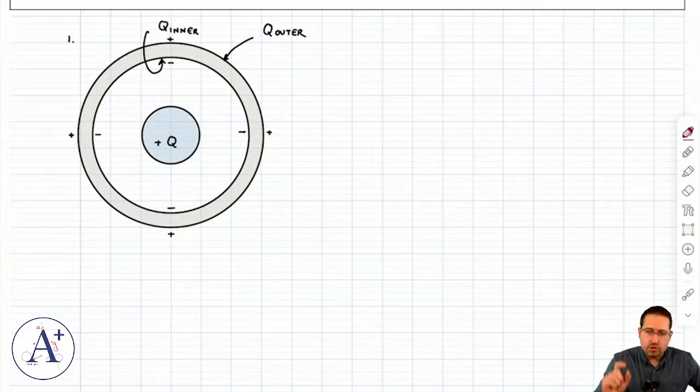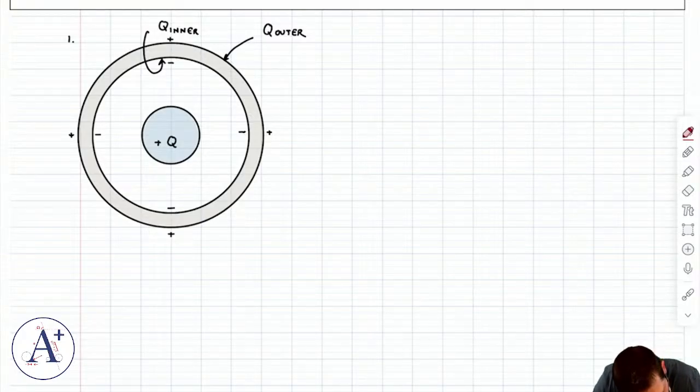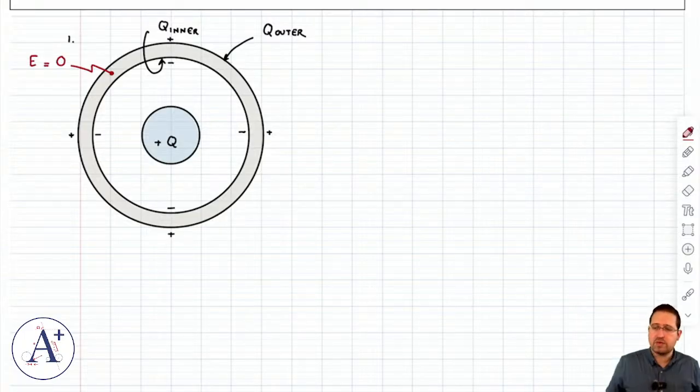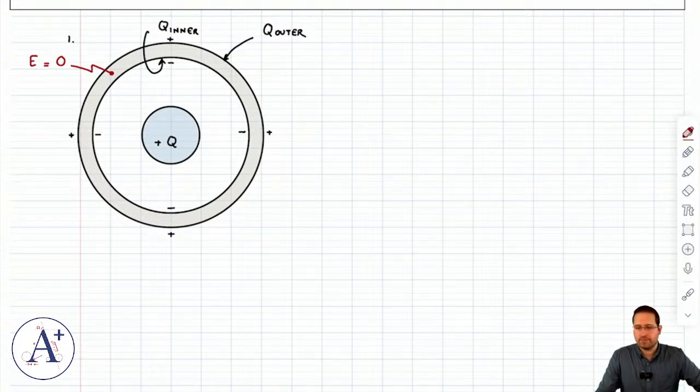Well, you argue that your spherical shell is a conductor, so that you know that everywhere inside the conducting shell, the electric field is 0. E is 0 in conducting material in electrostatic equilibrium.